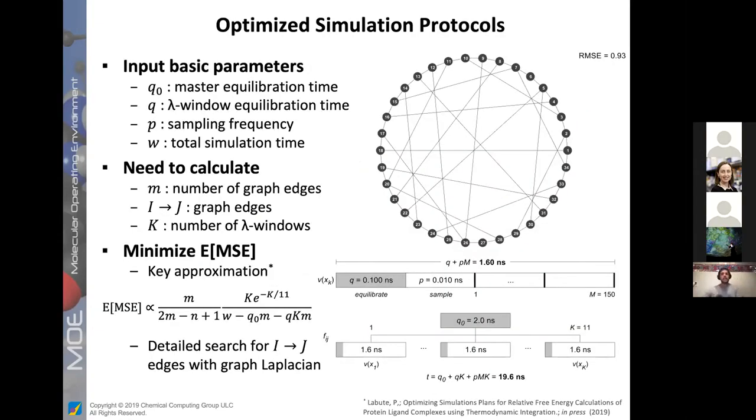So how does that look like? So every time when you add a new edge, you get a lot of information on the entire series of compounds. So what we will prioritize using our optimization function, which is shown here in the bottom left corner, is to spend all the simulation time the user defines to create more edges in our network. And these edges are actually chosen randomly, but having equal connection points for each ligand.